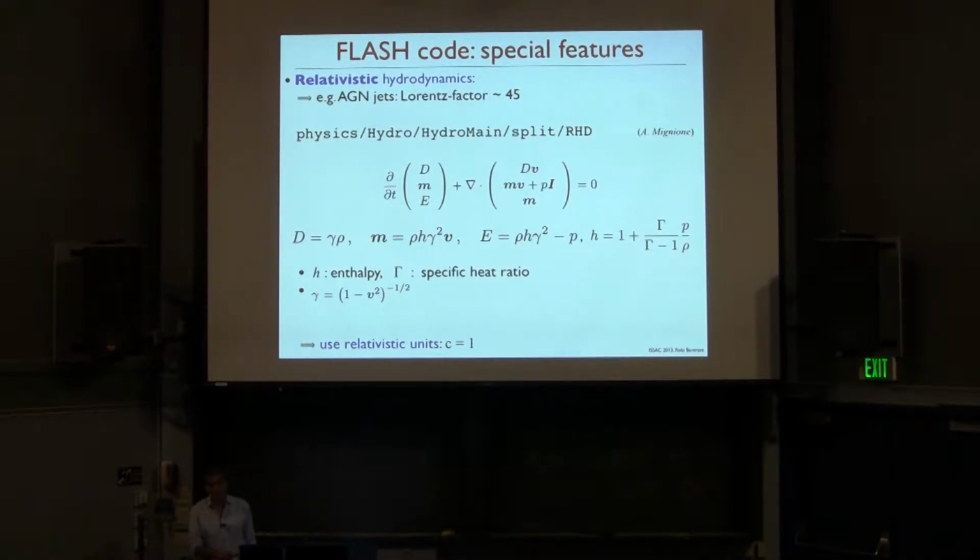Everything scales with a certain power of the Lorentz factor, which you have to take into account. And the units you use here are the typical units in special relativistic research. So you set your speed of light to 1, and your velocities are essentially in ratios of the speed of light.